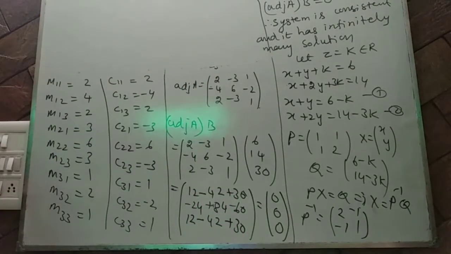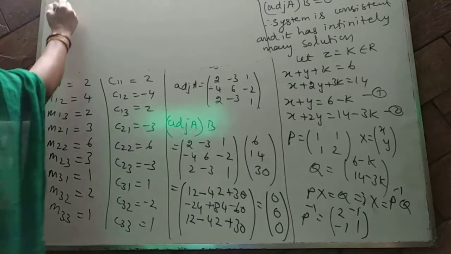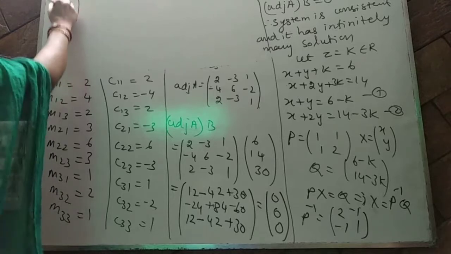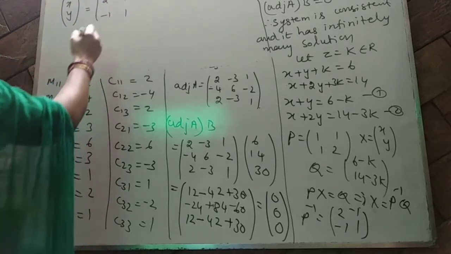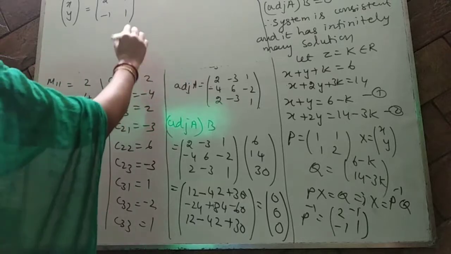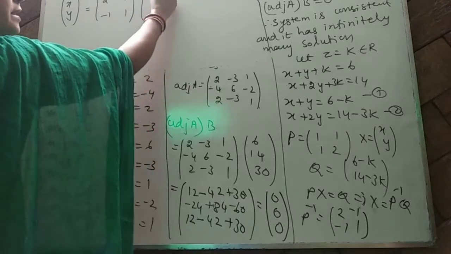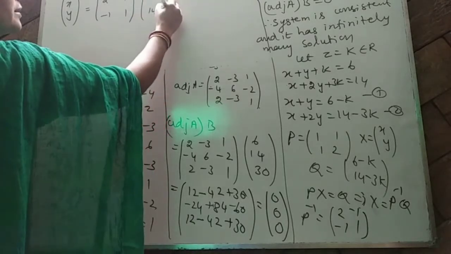Okay, now X is equal to P inverse Q. So X means x, y, that is equal to P inverse, which is 2, minus 1, minus 1, 1, into the Q matrix, which is 6 minus k and 14 minus 3k.